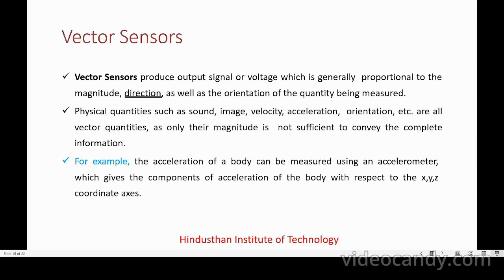The magnitude of a vector sensor is not sufficient to convey the complete information. For example, by using an accelerometer, we can measure the acceleration of a body. This will give the components of the acceleration of the body with respect to the x, y, z coordinate axes.